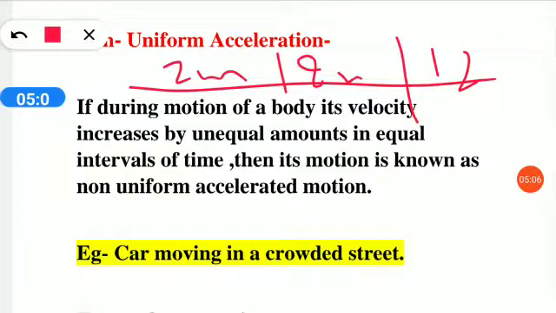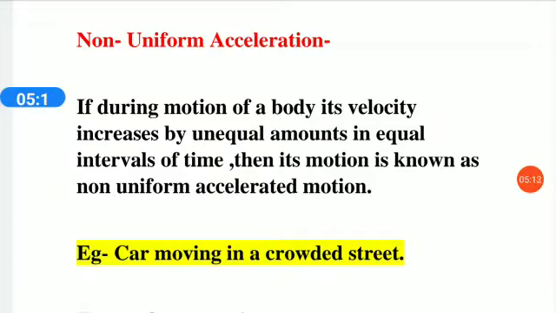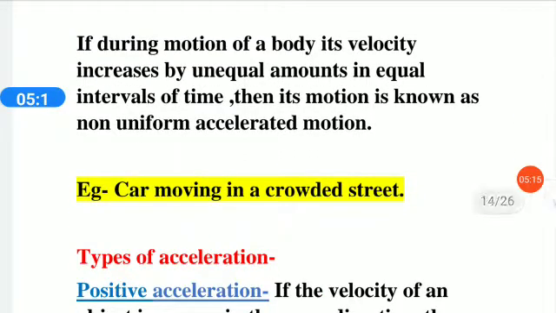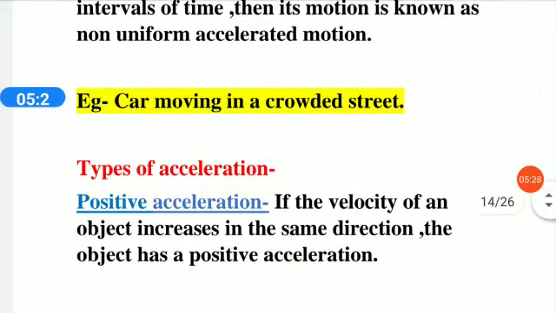So it is increasing in an irregular manner. An example is a car moving in a crowded street. Sometimes you apply the brake, it's going very fast, and sometimes it's going very slow.